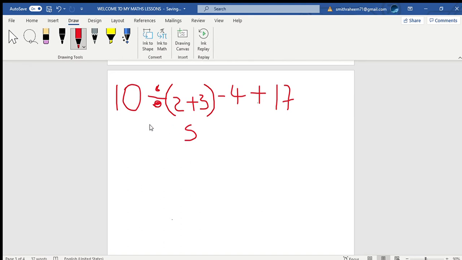Then we write back our divide sign, then 10, then our minus 4, and then our plus 17. I hope you guys are following. If not, you can rewind the video.